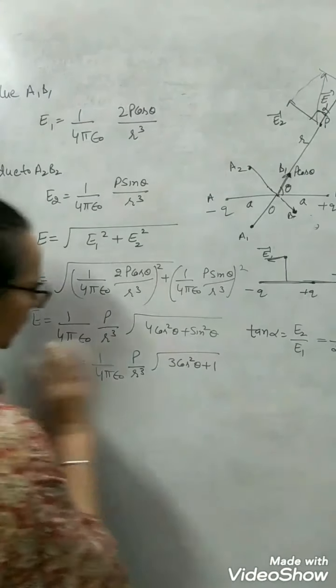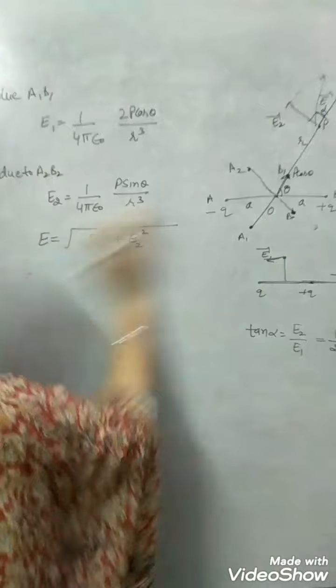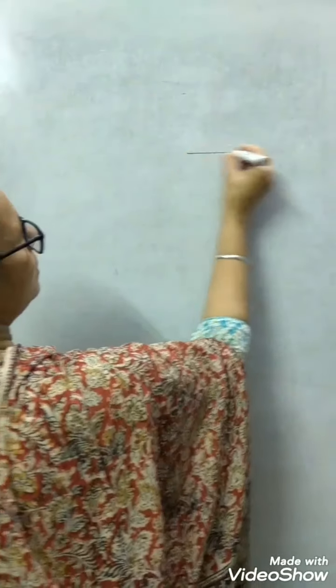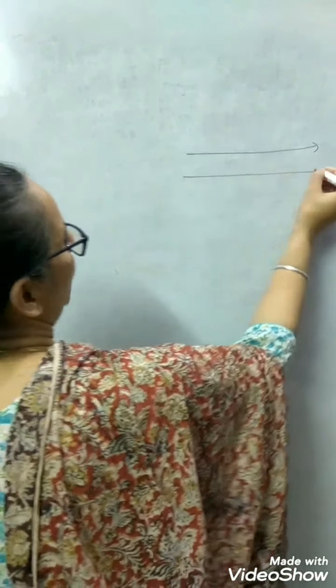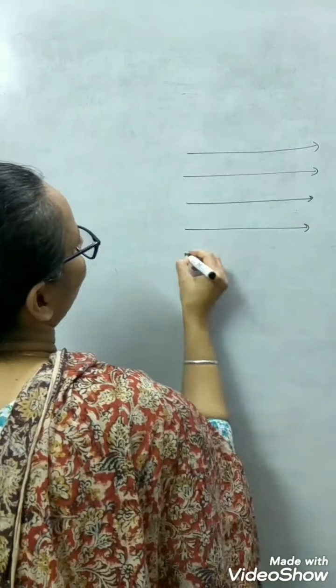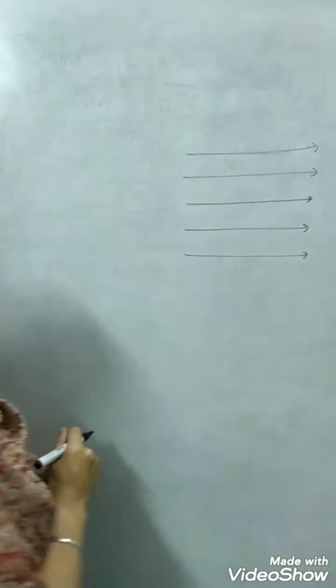And now, when the dipole is placed in a uniform electric field, what is the resultant on it? Now these parallel spaced lines represent the uniform electric field.